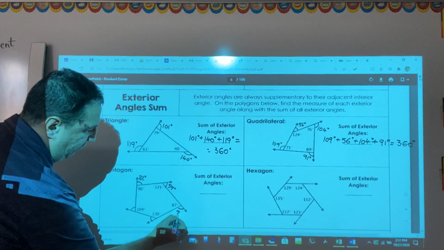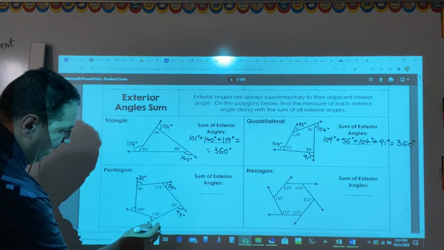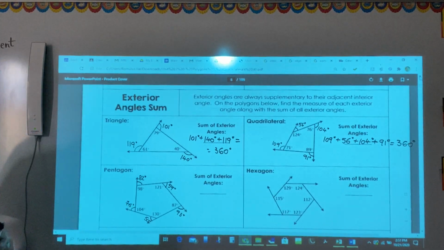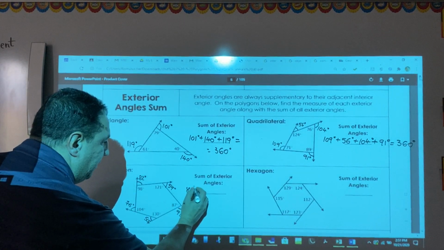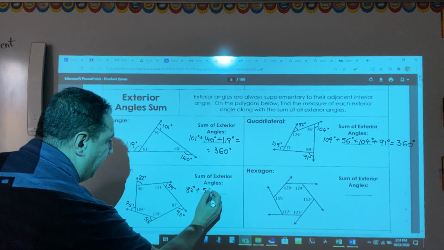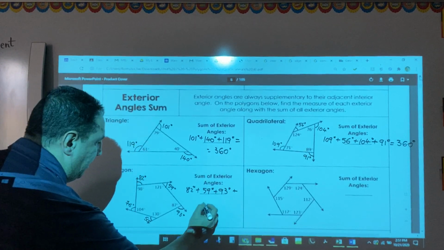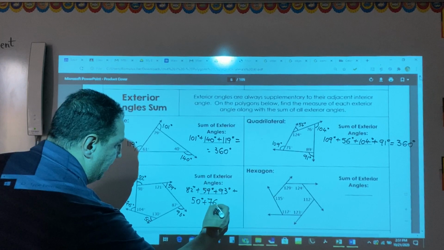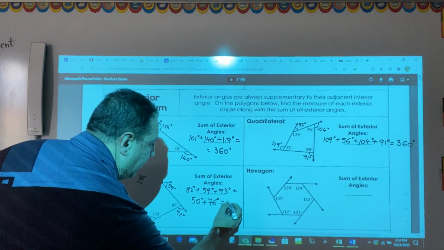Here, 93 degrees. Here, 50 degrees. And here, 76 degrees. If you add them all, 82 plus 59 plus 93 plus 50 plus 76 equals, guess, 360.